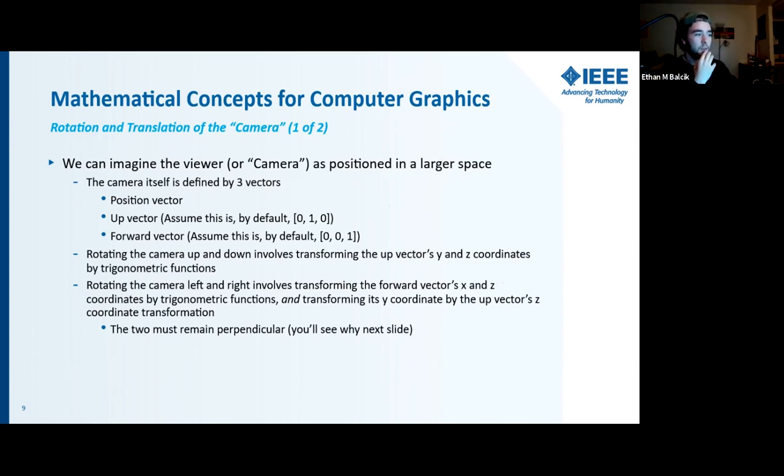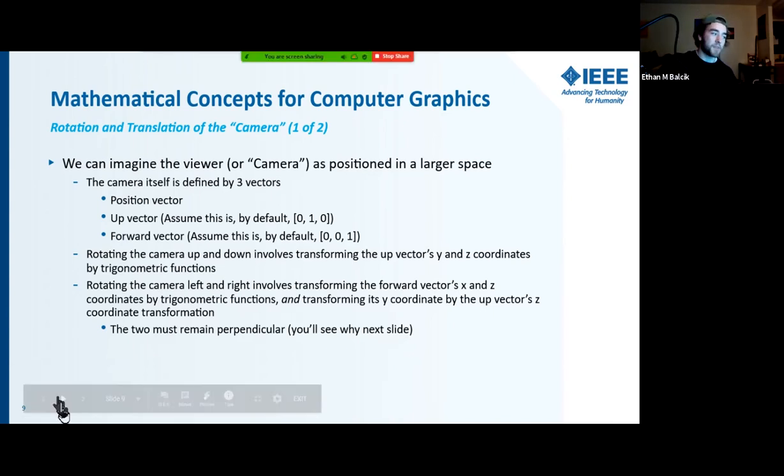Rotating the camera left and right takes the x and z coordinates of the forward vector and transforms them, but it also needs to transform its y coordinate by the up vector's z coordinate, and that effectively keeps the two vectors perpendicular at all times.